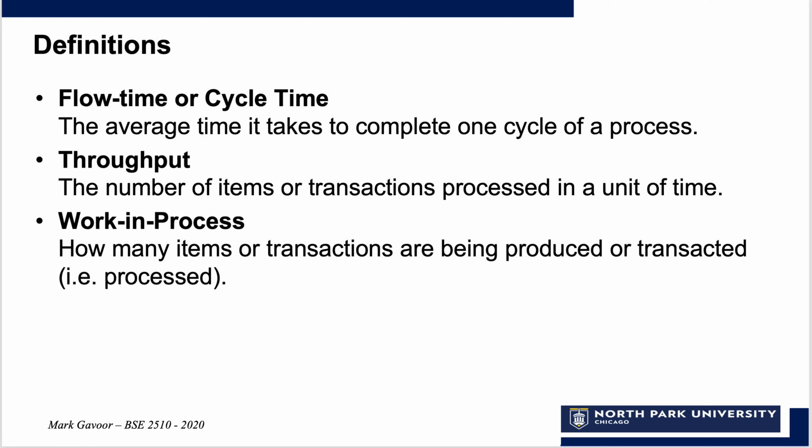So it's actually a rate. Work in process is the number of items or transactions being produced or transacted. Basically, it's how many items or units or people are lined up awaiting, either being processed or waiting to be processed.